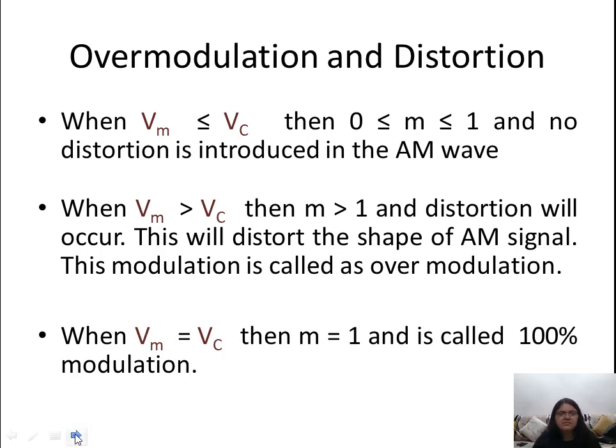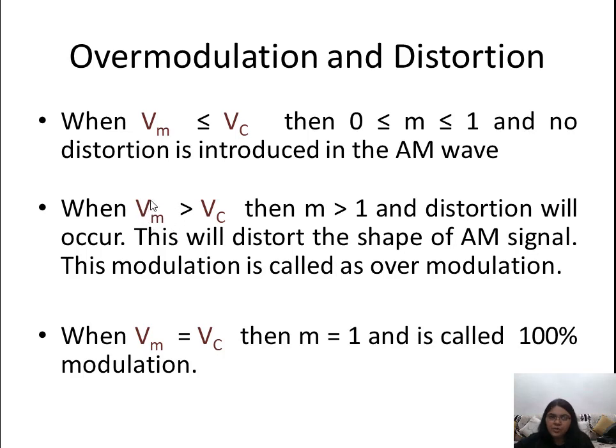But if Vm is greater than Vc, meaning your modulating signal amplitude is higher than Vc, I gave you the example that when you are going somewhere by bus, whatever things you put inside that vehicle should be smaller than the size of the vehicle. So if the Vm value is greater than Vc, then m is greater than 1.